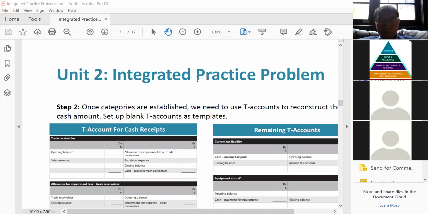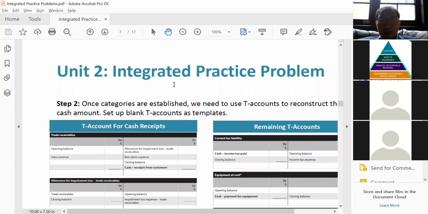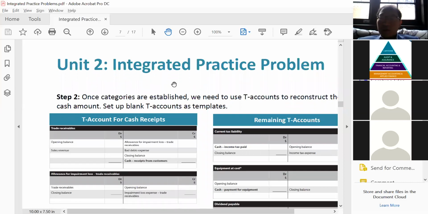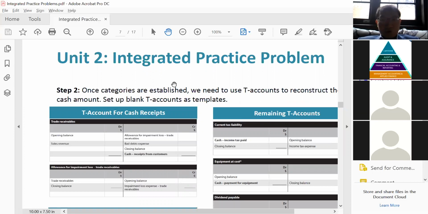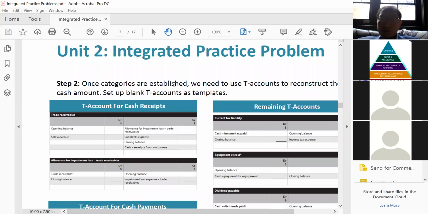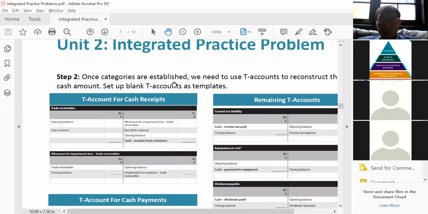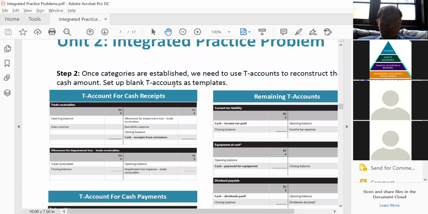it's just single penalty. So in terms of our next step, we need to work out how to reconcile the cash that has been paid or the cash that has been received for each of these major components. So because the question is asking us to use the direct method of cash flow statement preparation, what we're going to do is we need to set up some T accounts in order to derive what those amounts are.